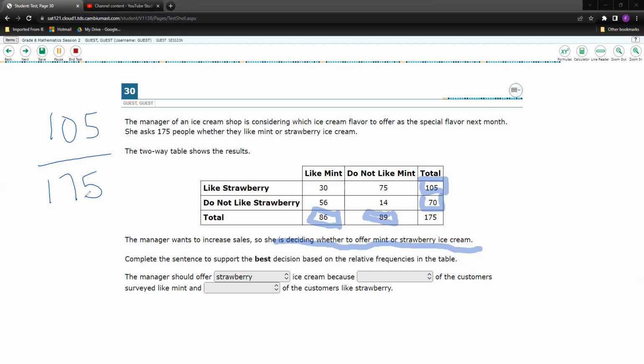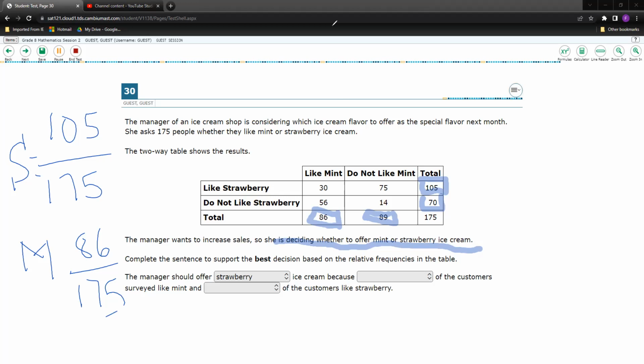That's the strawberry, or S. And then mint is 86. 86 people like mint, out of all customers, 175.